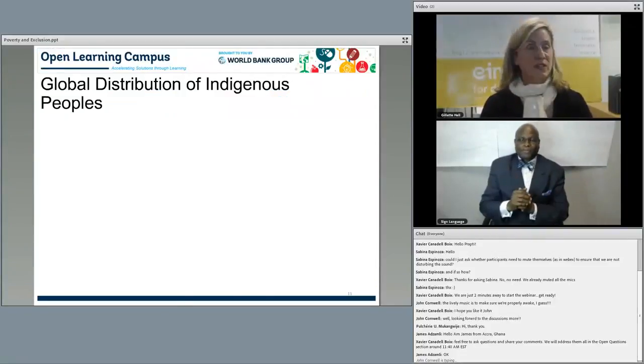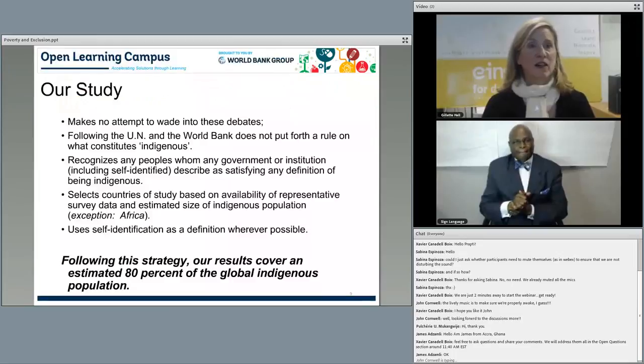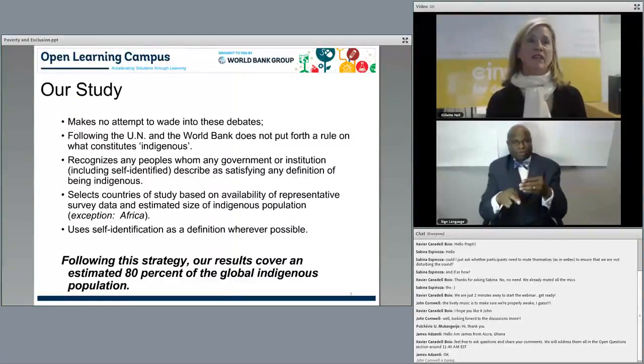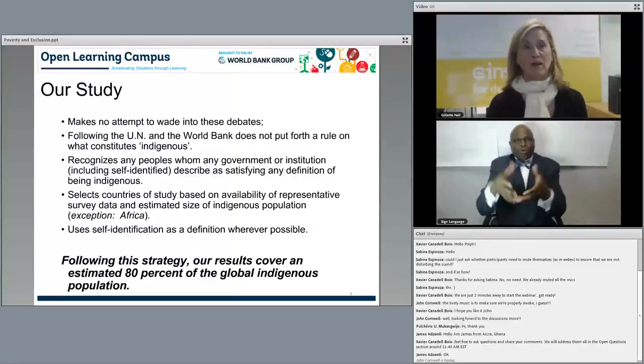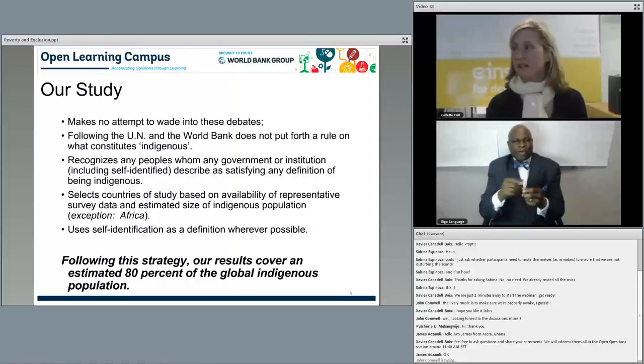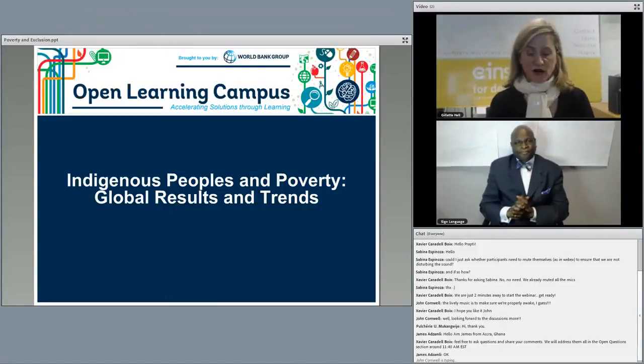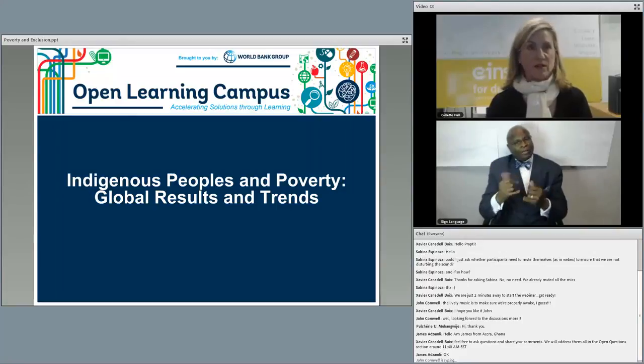Now, what's interesting is, following that strategy, our results cover what we believe to be about 80% of the global Indigenous population. And clearly, given my own focus or interest in development, we cover more of the Indigenous population in the actual quote-unquote developing world. So let's go to some of the basic results.